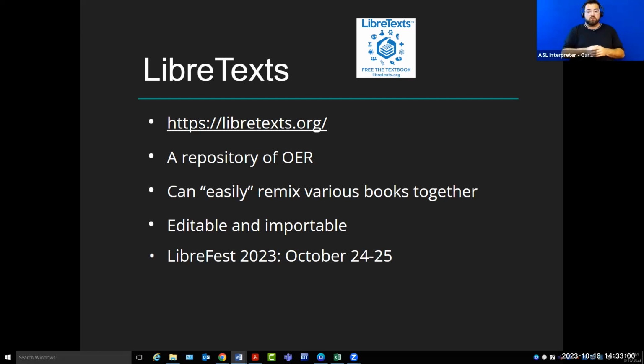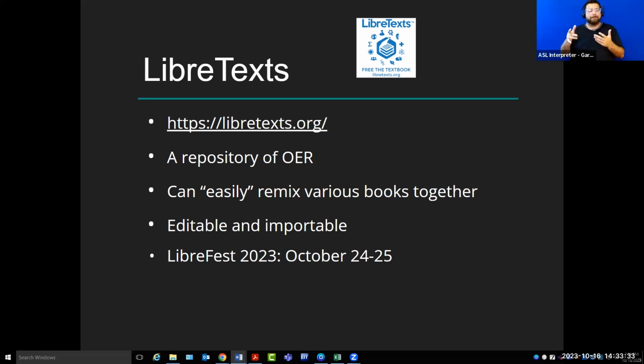And the problem with LibreText is that it takes a lot of training to be able to fully use all of the functions of LibreText. It's not a very easy platform to master right away. This LibreFest is focused on their ADAPT homework system, which is an interactive homework system.